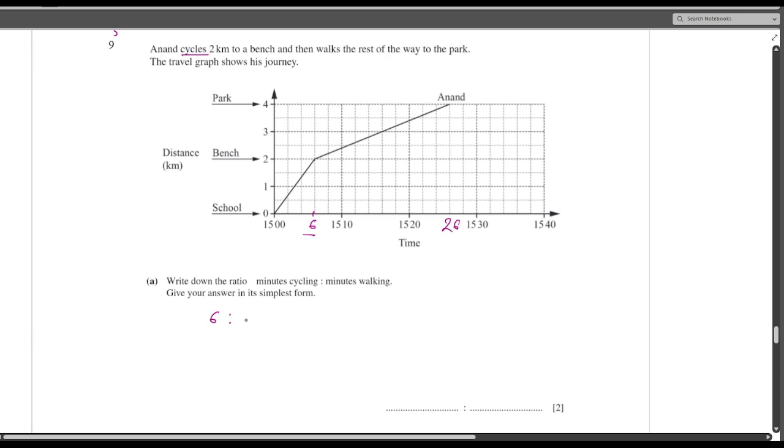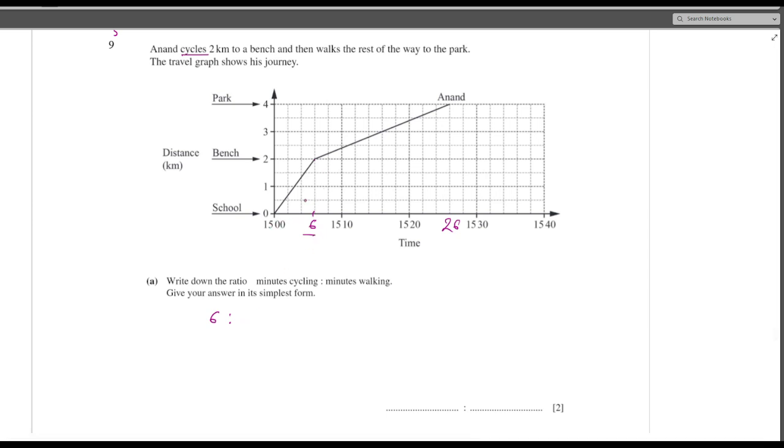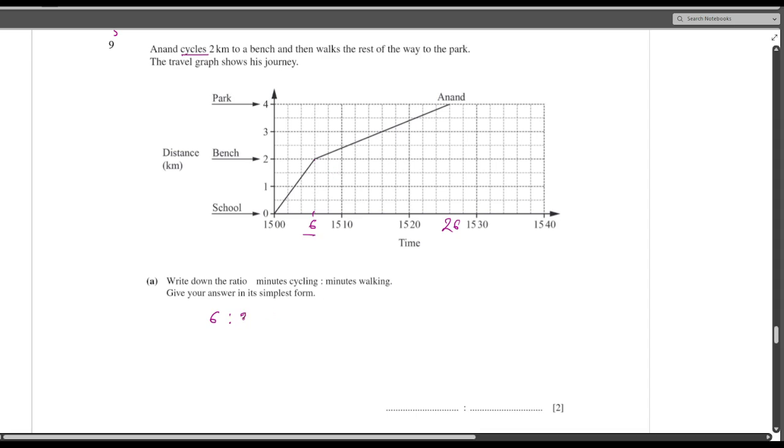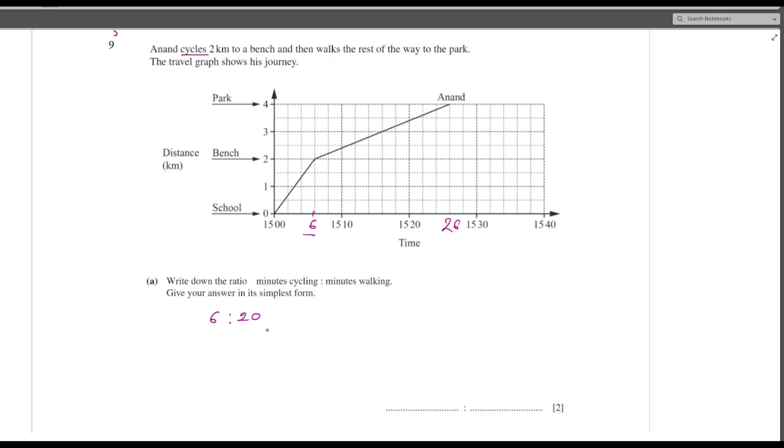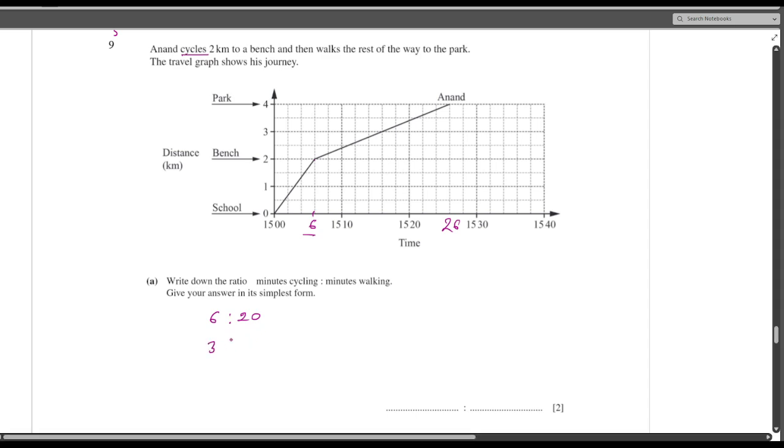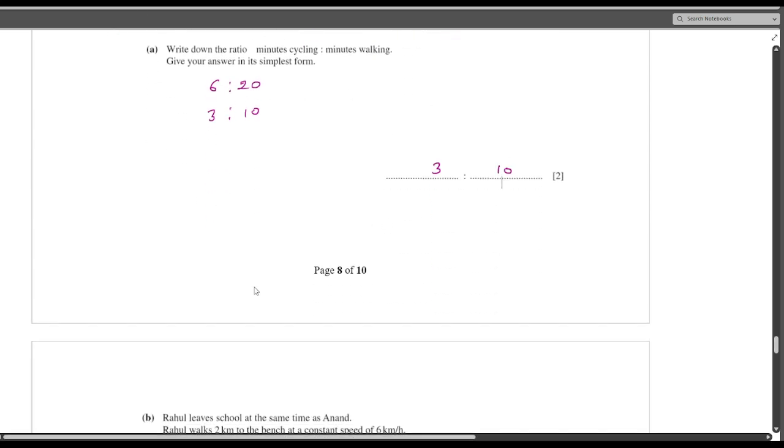So 6 minutes he cycles and then 20 minutes he walks. So the ratio is 6 to 20. Now I can divide both by 2, so it is 3 to 10. So 3 to 10 is your answer in the simplest form.